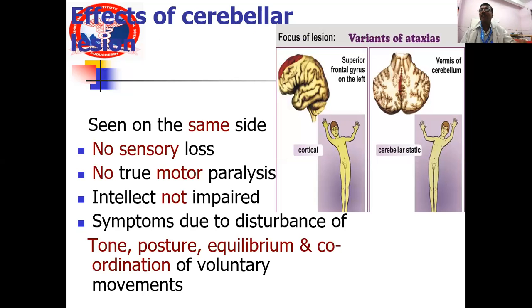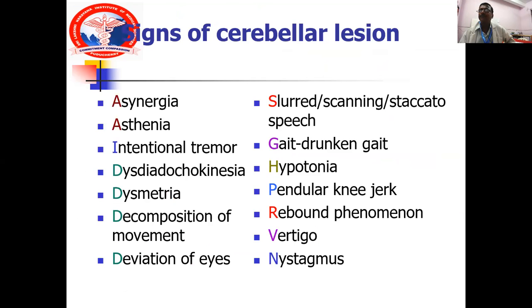Effects of cerebellar lesion: seen on the same side, no sensory loss, no true motor paralysis, intellect not impaired. Symptoms are due to disturbances of tone, posture, equilibrium, and coordination of voluntary movements.